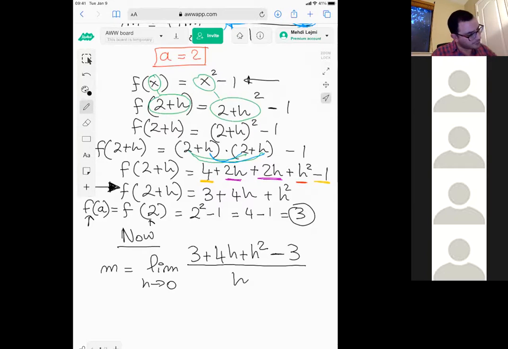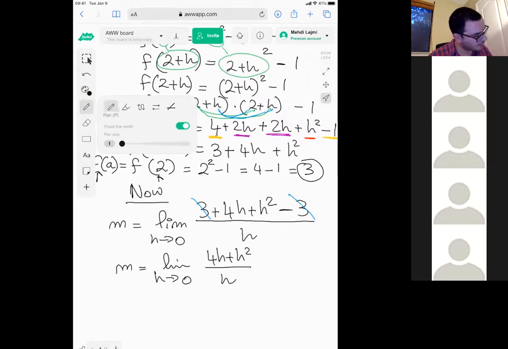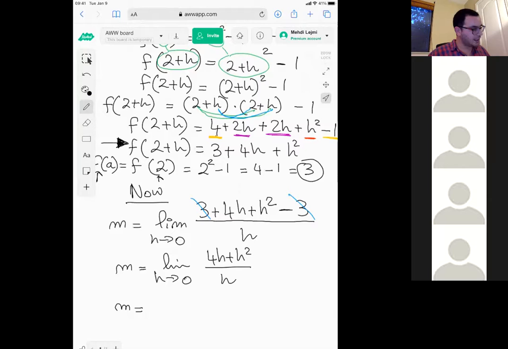So let's compute this limit. First, we can cancel out this 3 minus 3. So m would be the limit, h going to 0, of 4h plus h squared over h. Now you see guys, in the top, h is a common factor, so we can factor out h.